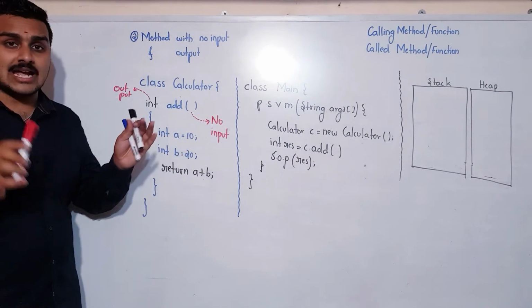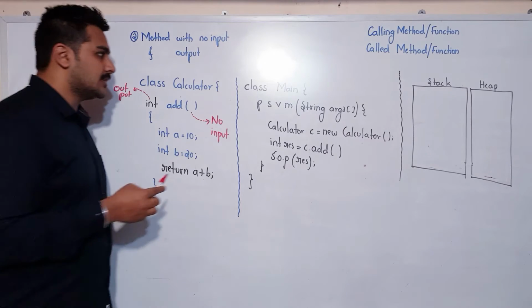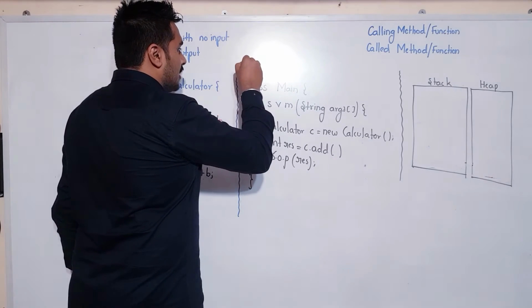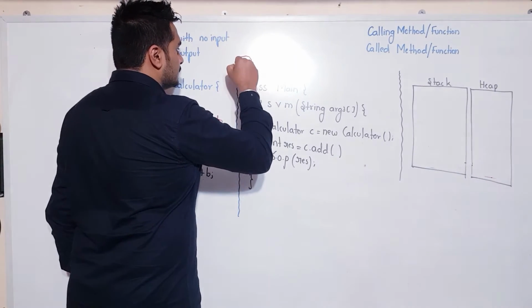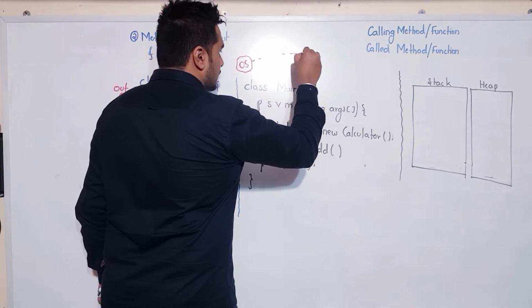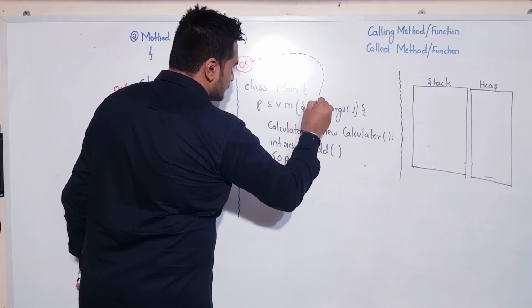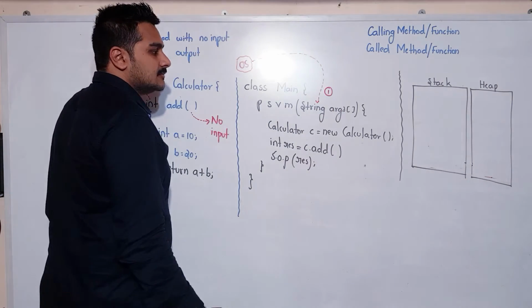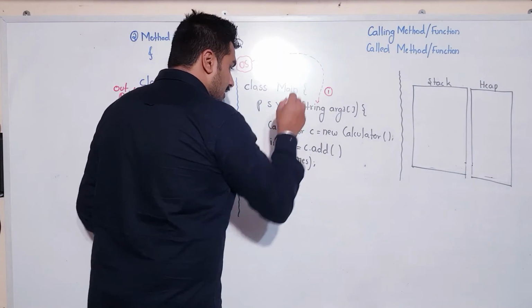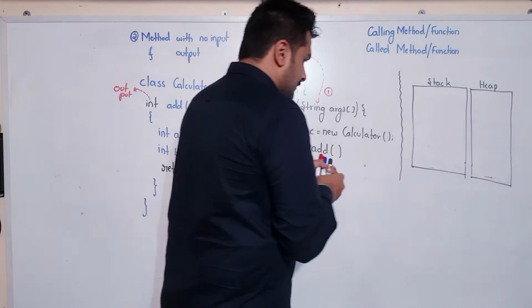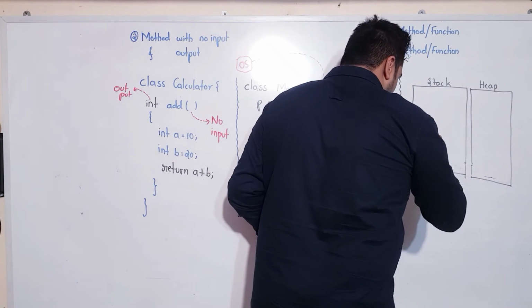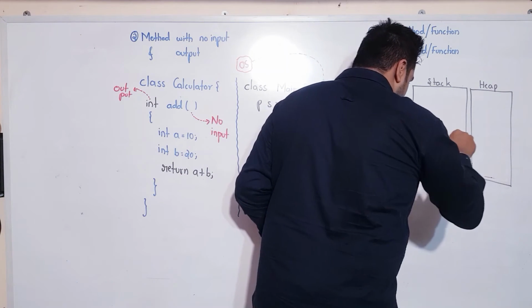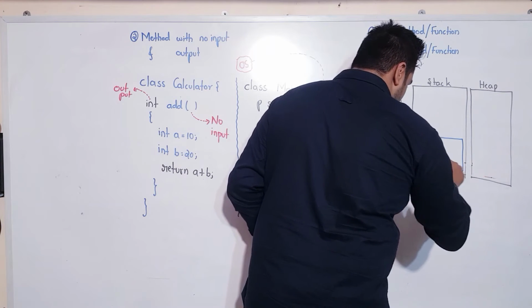Now, let us quickly understand the execution. As normal, operating system is going to give the control to your main function. This is my step number 1. Then, once the control comes to your main function, the activation record of your main function gets created as normal.